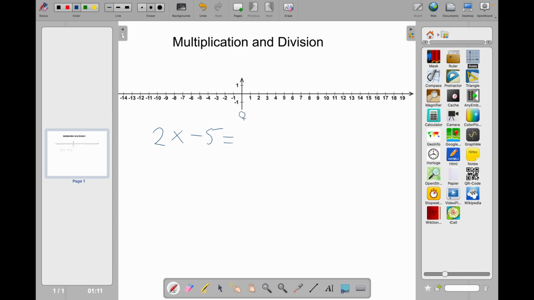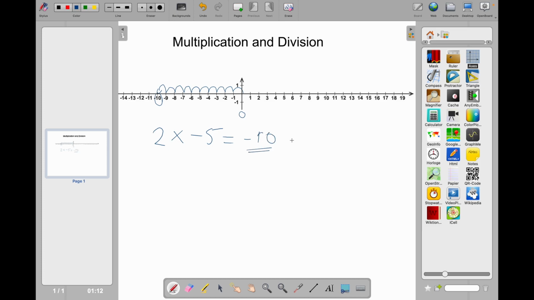So we have to move 2 times minus 5. Now we start from here, but because we have minus here, we go to the left. So we say 1, 2, 3, 4, 5. Then it's supposed to be 2 times. So 1, 2, 3, 4, 5. And now you see we are on minus 10. So 2 times minus 5 is minus 10.